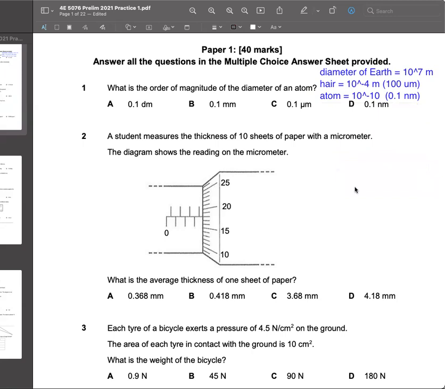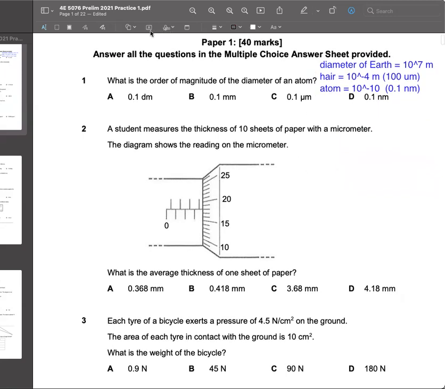All right. Question 2. Question 2 was very tricky. Some of you fell for the trick. The 0 is at the bottom, so this number is 1, then 2, then 3. So you must be very careful where the 0 mark is.